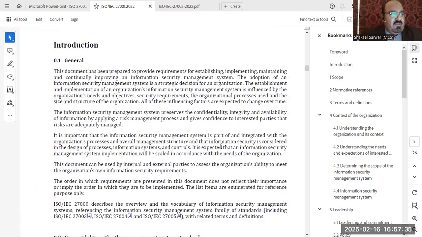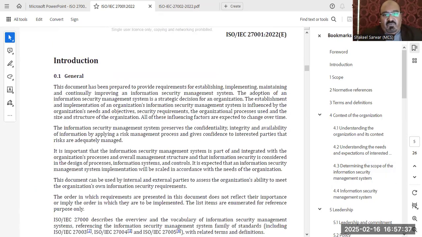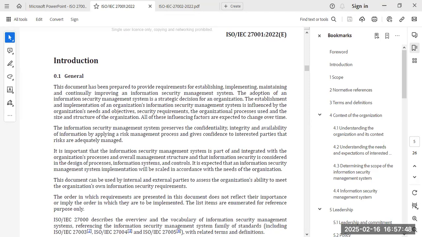statement of applicability. So before moving forward, I would like to share a copy of the standard in this chat box so that you can refer to your copies and not be left behind during the discussion. Let me share the copy of the standard with you.